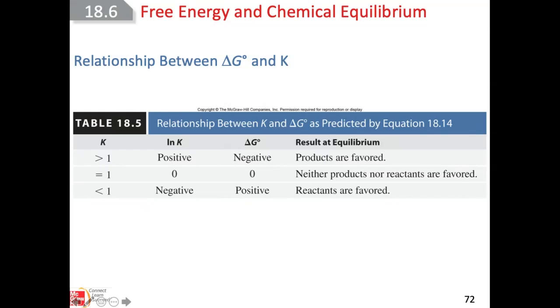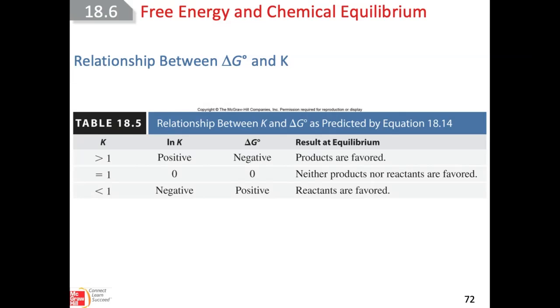At equilibrium, we will have products favored. Even if I look at K being greater than 1, it means that the ratio of the numerator to the denominator is greater than 1. That means I have more numerator than denominator.